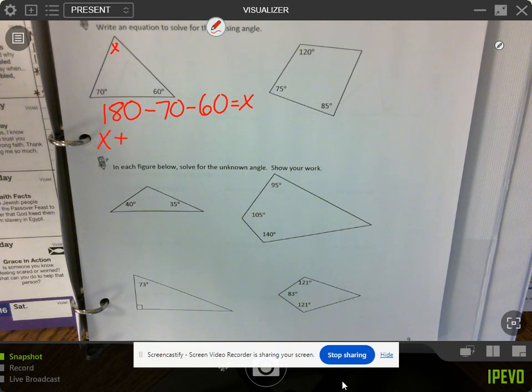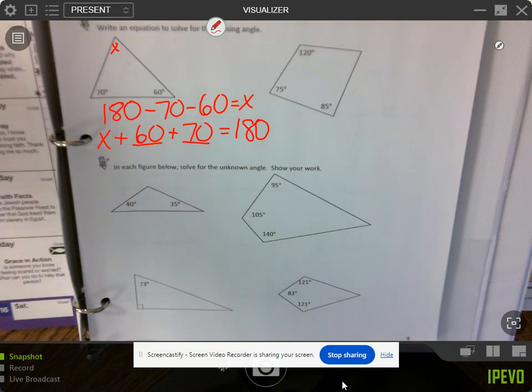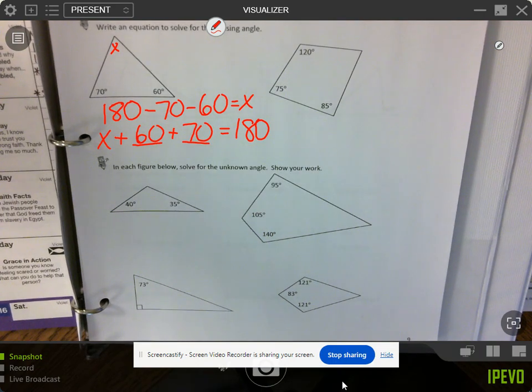You could say X plus 60 plus 70 equals 180, right? All three angles added together will equal 180 degrees. So that means I take that 180, I subtract out, opposite operations, I subtract out the 60 and the 70, and I'm left with my X.